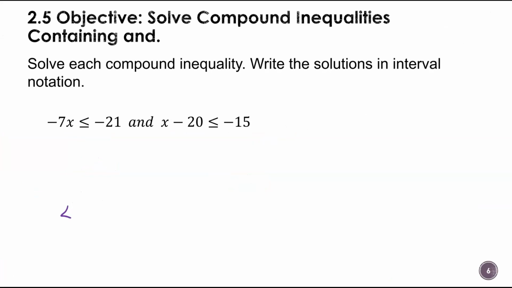On this next one, we're going to solve by dividing by -7. And then we reverse the inequality. It was less than or equal to, we're dividing by a negative, so greater than or equal to 3. And we add 20 on this one. x is less than or equal to 5. And we're still on and at this point.